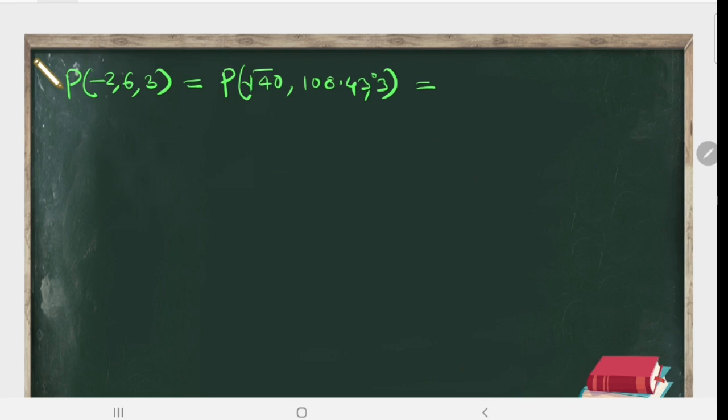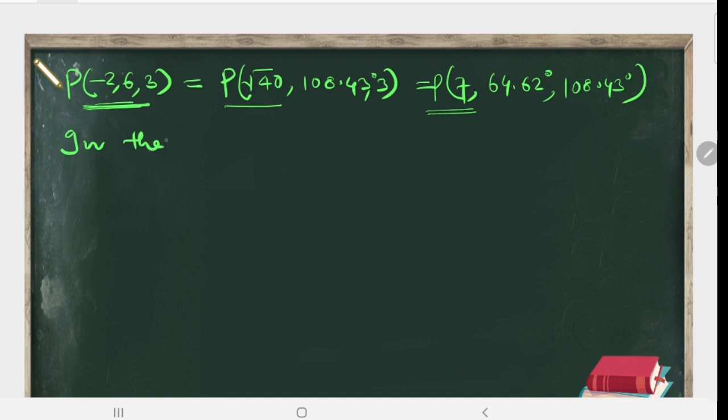We have also converted point P into spherical coordinates: r is equal to 7, theta is equal to 64.62 degrees and phi is equal to 108.43 degrees. So the next target is to calculate vector A at point P.